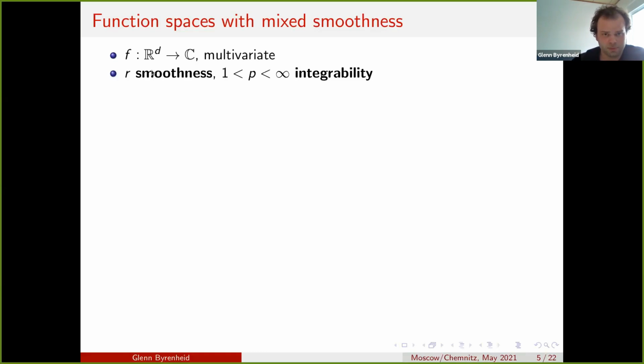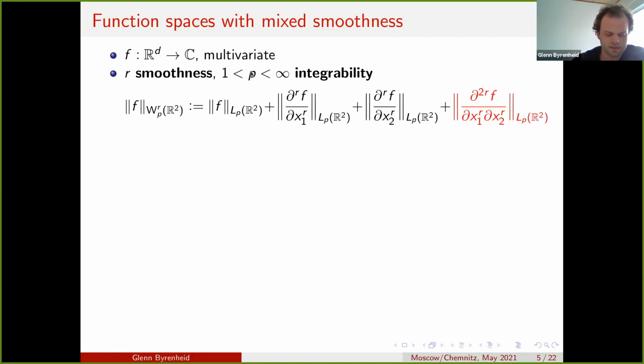We have several parameters. r always describes the smoothness parameter, p the so-called integrability parameter, and having r being some integer, the Sobolev space W^r_p, in the two-dimensional case, here in this case, is simply the set of all functions f belonging to L_p where this norm here is finite.